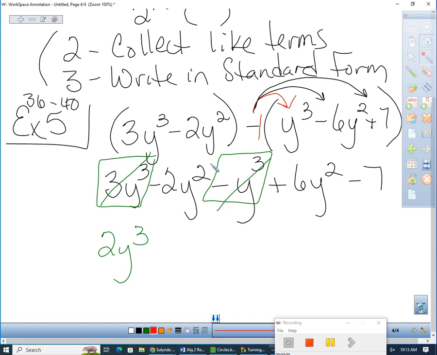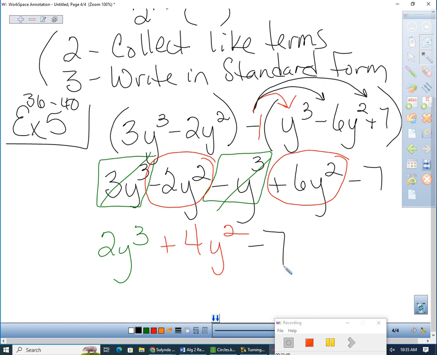Y squared. So I have -2y squared, and I have positive 6y squared. So positive 4y squared. And I don't wish I could. Sorry. We'll just have to stick with this one. And so what I have left over is -7. Exactly.